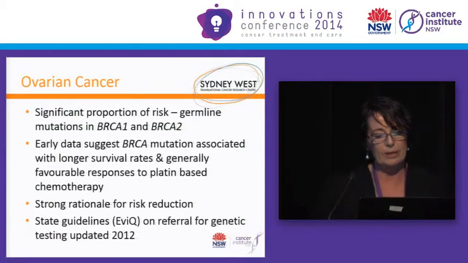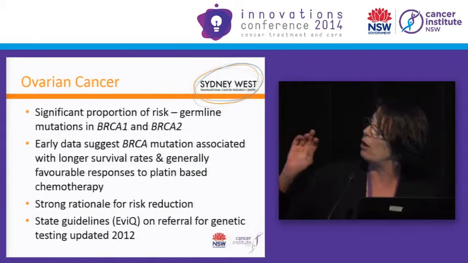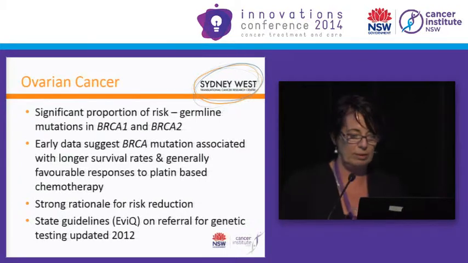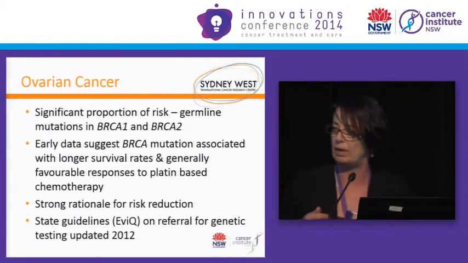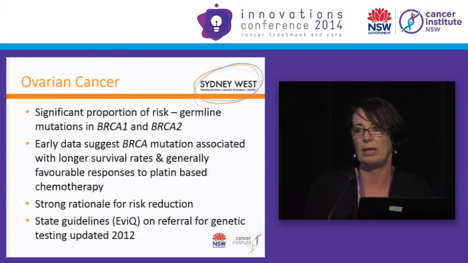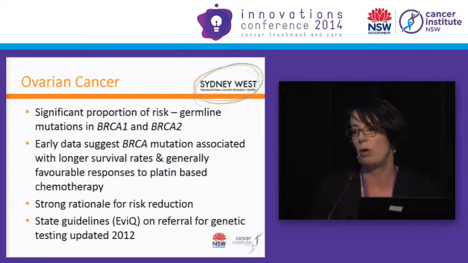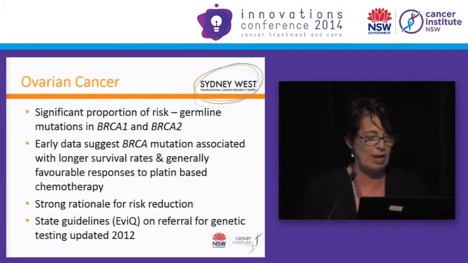What we know about BRCA is that if you've got a germline mutation in BRCA1, your risk of developing ovarian cancer by the age of 70 is 40%. If you have a germline mutation in BRCA2, your cumulative risk of developing ovarian cancer by the time you're 70 is 20%.